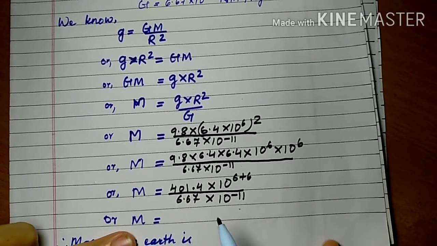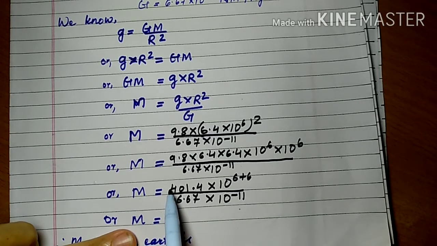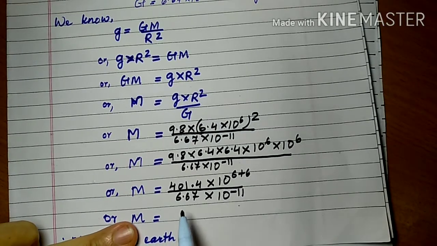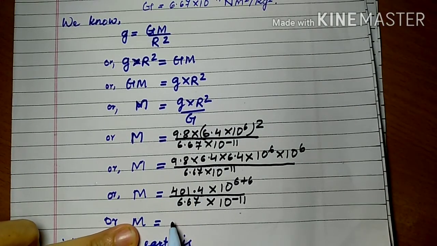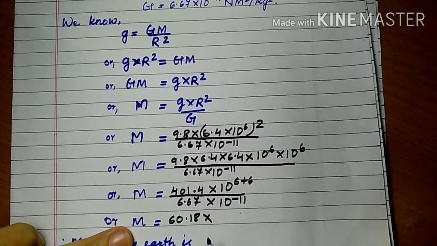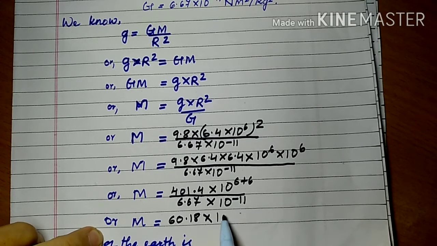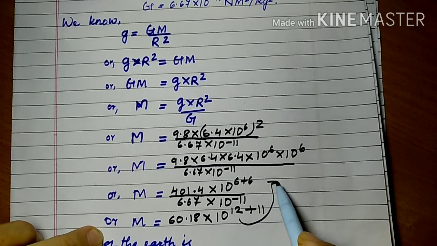Okay, now further calculation, 401.4 divided by 6.67. So on division of this, you will get 60.18 into 10 to the power 12. 6 plus 6, 10 to the power 12. Okay, and when you bring this 10 to the power minus 11 to the numerator, then it becomes plus 11. Right, so we are going to go to that side.